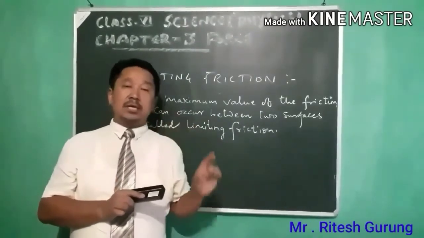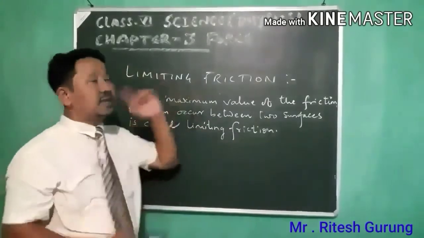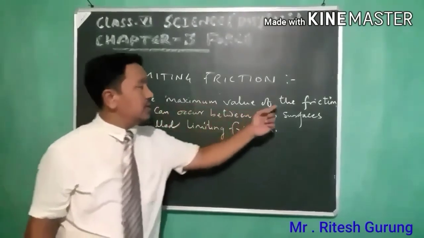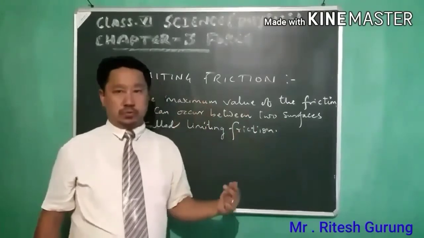That limit of the friction is called limiting friction, which means the maximum value of the friction, how much it can go up to.